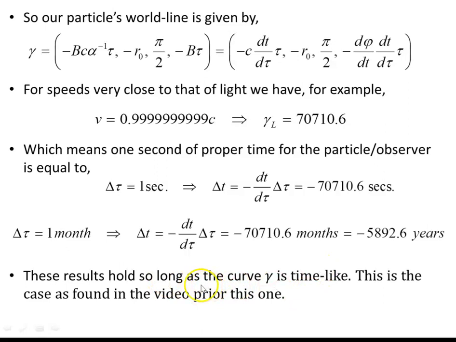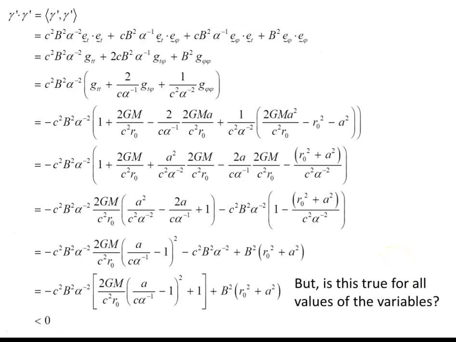Now, we found this to be the case in the video prior to this one, but there is one slight exception. Just to remind you, in the previous video we had to show that the four-velocity or tangent vector is time-like, which means that the curve to which it is tangent is also time-like. So we did all this algebra.